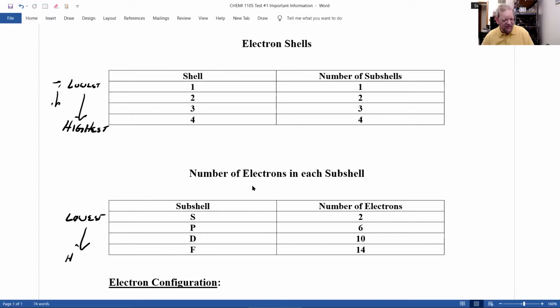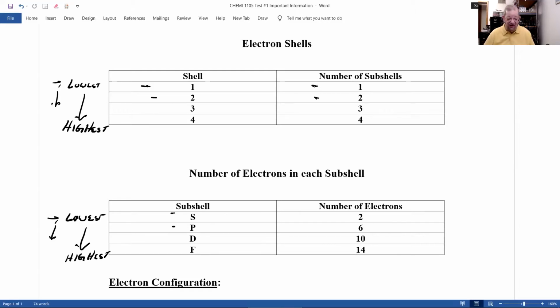This is the highest. And we always fill the lowest first and then go down the list. So you do shell 1 first, which has 1 subshell, S, and then go to shell 2, which has 2 subshells, if we need them, S and P.